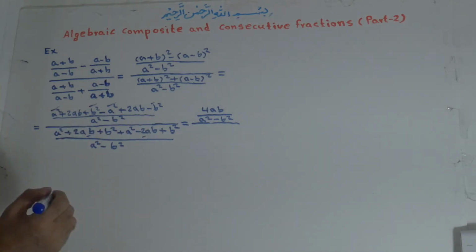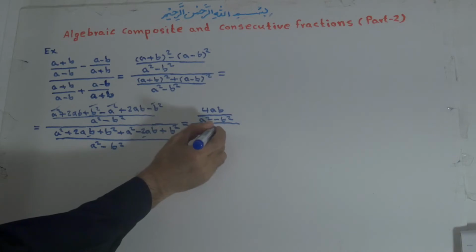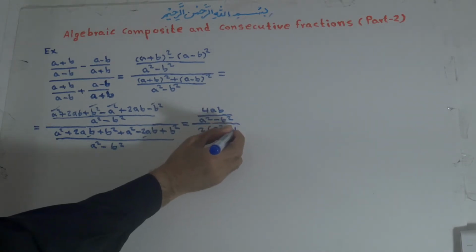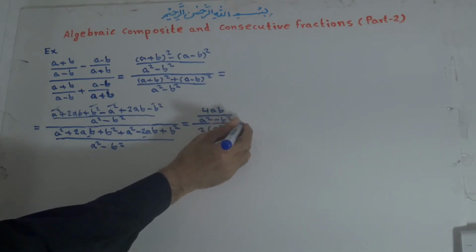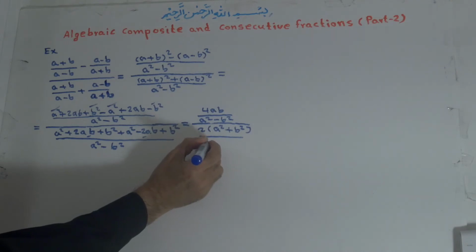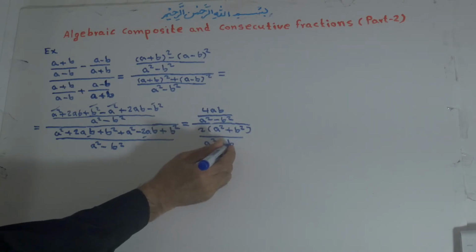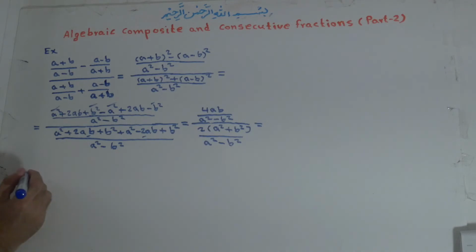We can write 2 outside, common with them, 2 times a to the power of 2 plus b to the power of 2, over a to the power of 2 minus b to the power of 2, and this is equal to, now we divide this one.